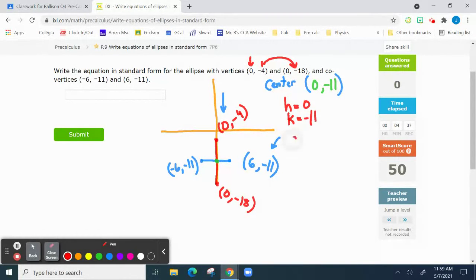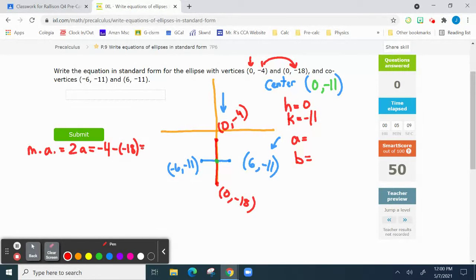And now we need an a and a b, right? And the major axis is 2a. And how long is this major axis? Well, we'll start at the top, -4, minus -18.